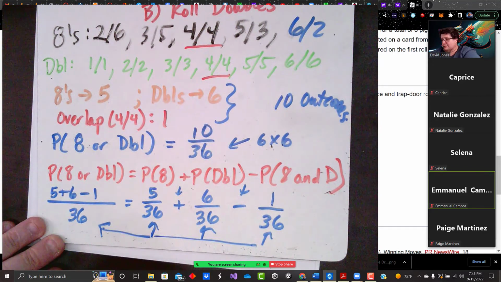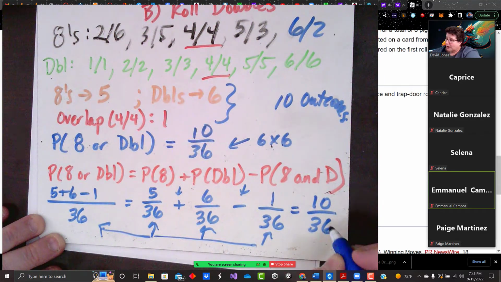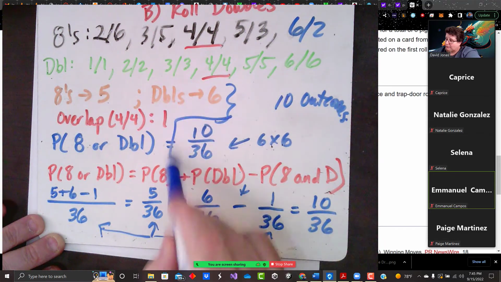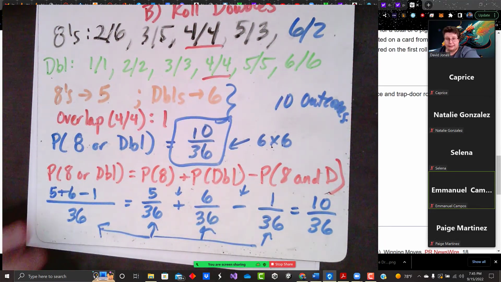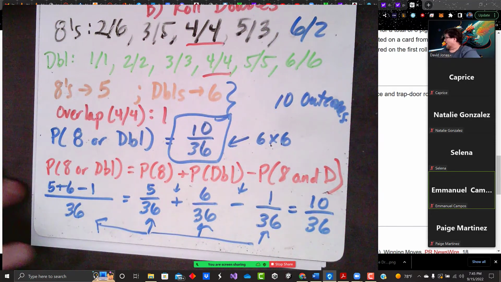So if I add up the top, I've got 5 plus 6 is 11, minus 1 is 10. 10 on top, 36 on bottom, and it matches what we got right here by just counting them. This is an example of how we get the addition rule. And while you're writing that down, I'll start erasing my other sheet.